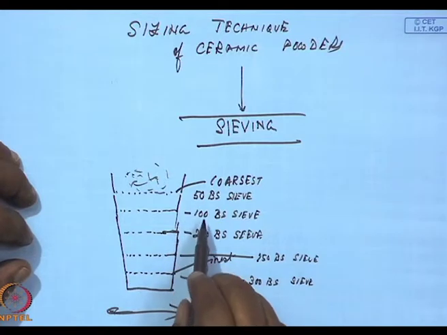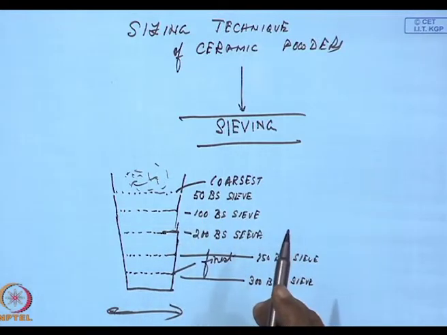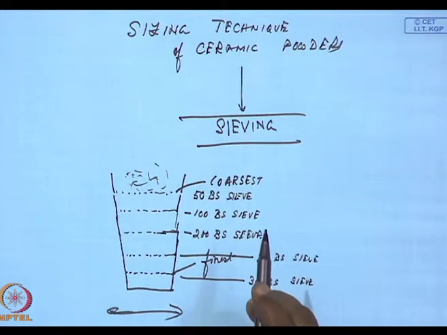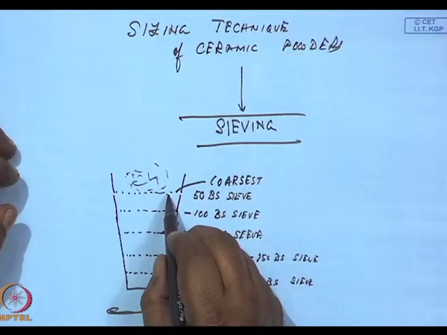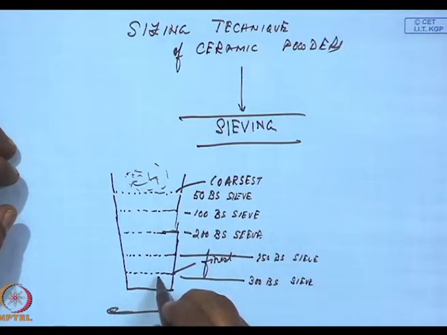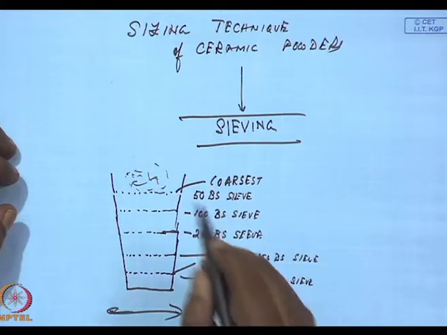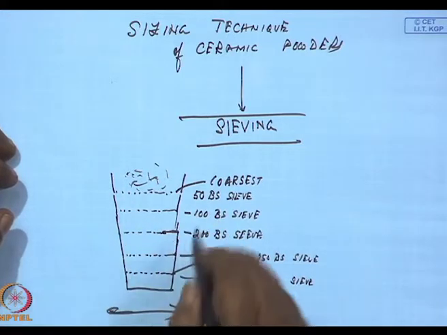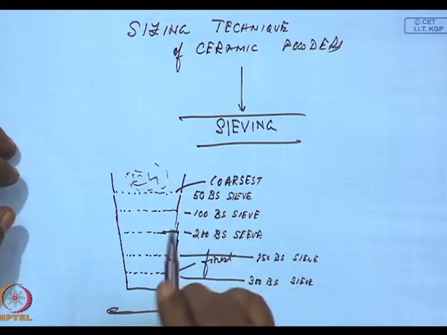These 50, 100, 200, 250, 300 indicate the fineness of the sieve. This sieve is the coarsest, this sieve is the finest. Now, I am not yet going to define what is BS.